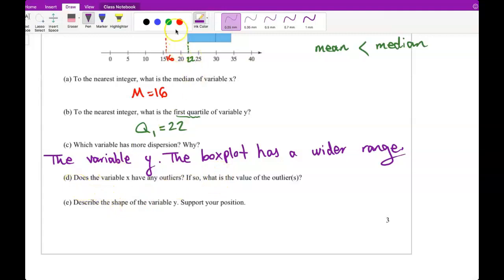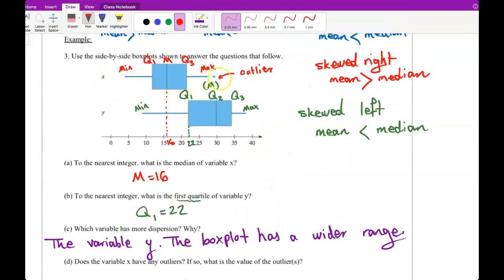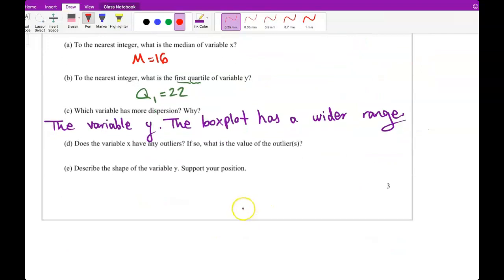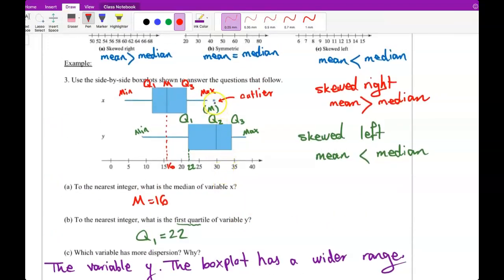Now part D, does the variable x have any outlier? If so, what is the value of the outliers? So this is x, and here we have that star, and that is an outlier, so the answer is yes. And the value for that one, it's about 30, so we can say that is equal to 30 or 29.